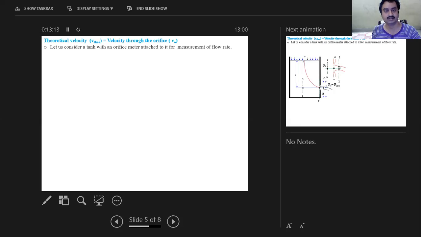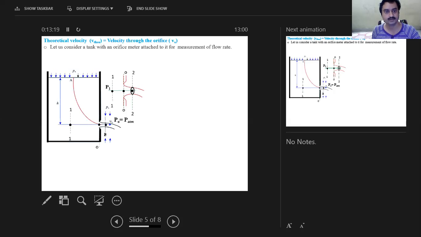So let's consider a tank with an orifice attached to it for the measurement of the flow rate. So this is a tank. This tank is similar to the tank or the setup which we are using in our fluid mechanics laboratory. So there is a tank, and in this tank you could see there is an orifice. Orifice is just a plate with a small hole.